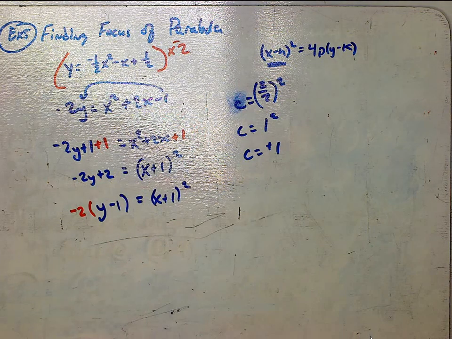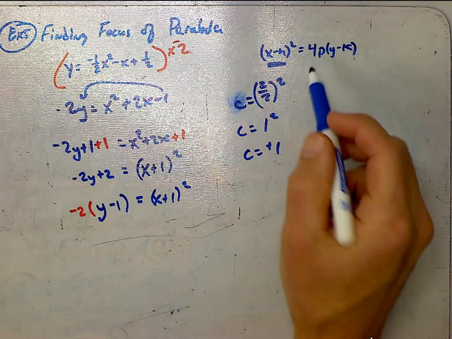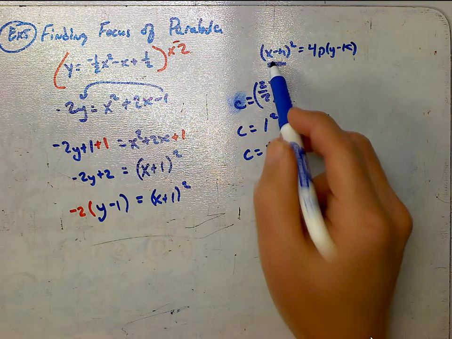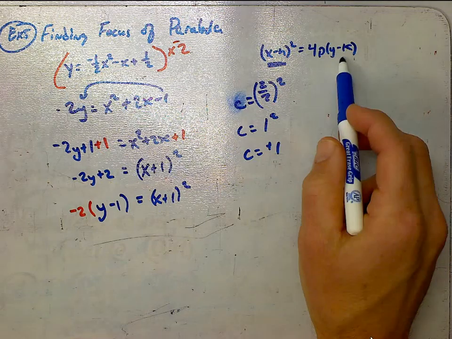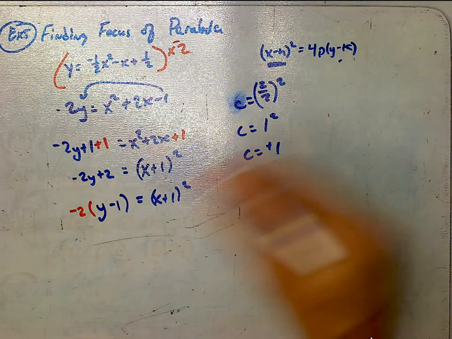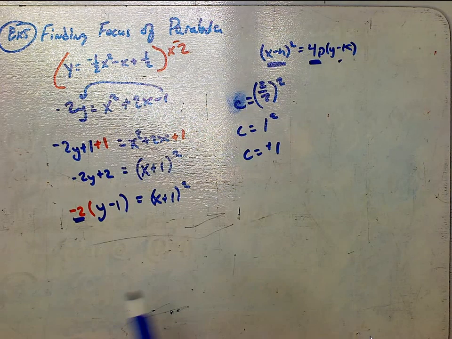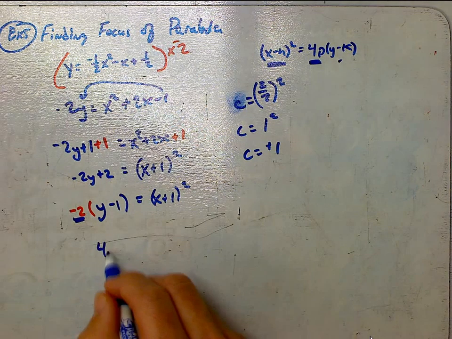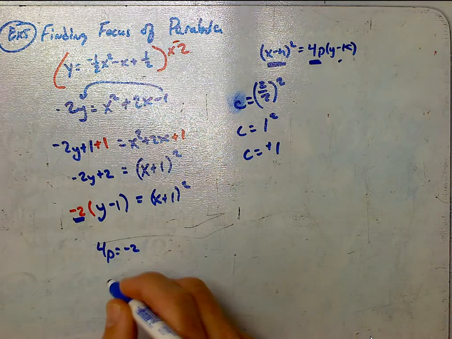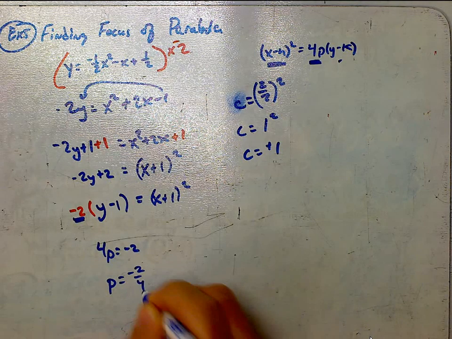Okay, so now it looks like this. It has x minus h squared, it has a y minus k, and the number in front, the 4p, is equal to -2. So to find the focus, I go 4p equals -2, p equals -2/4, which is -1/2.